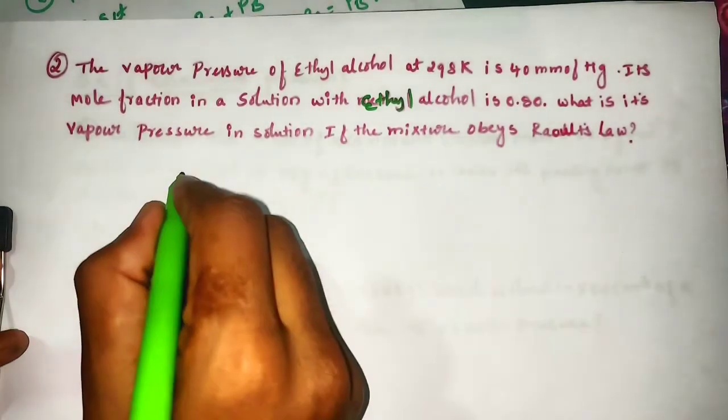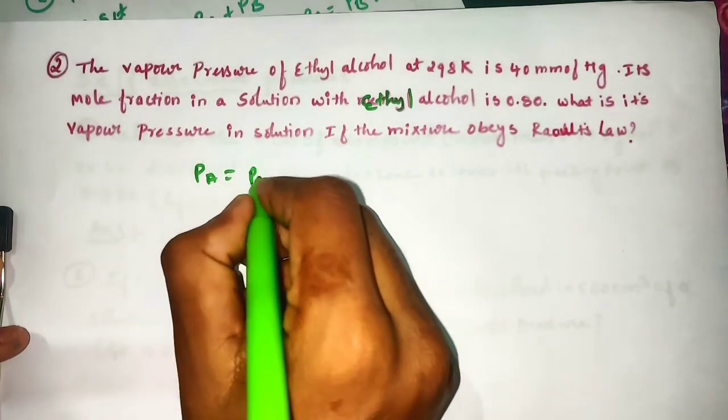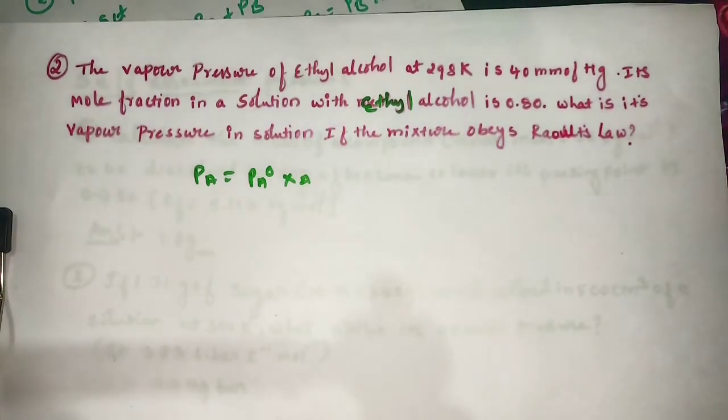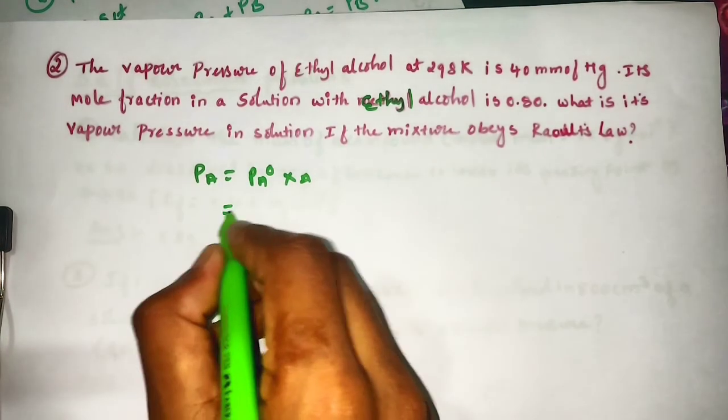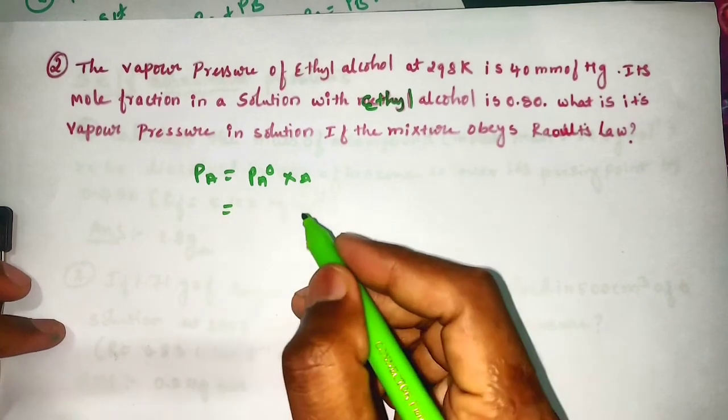I have already given the formula, PA is equal to PA naught XA, where PA is the vapor pressure of ethyl alcohol and XA is its mole fraction in the solution. Just multiply this, it is a very small problem.